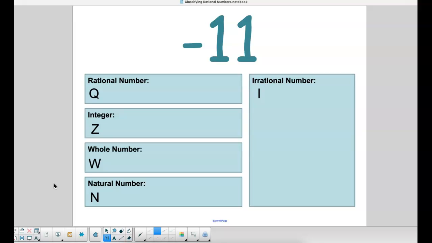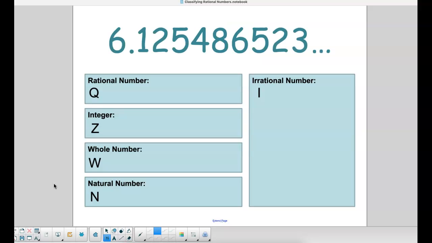Where would you put -11? Okay, the next one. 6.125486523 and so on, and it does not repeat and it does not end.